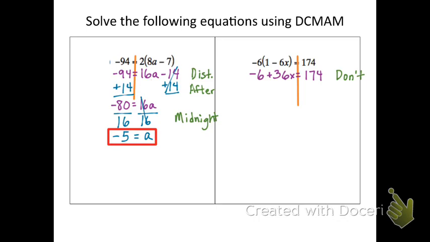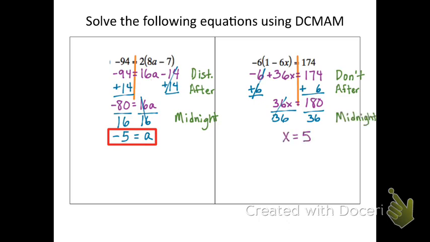Then I'm going to isolate the variable by adding 6 to both sides. And that is the "after" for "Don't Call Mexico After Midnight." Then cancel out the 6s, and you get 36x equals 180. And then we're going to divide by 36, which is the "midnight" step. And you get x is equal to positive 5.